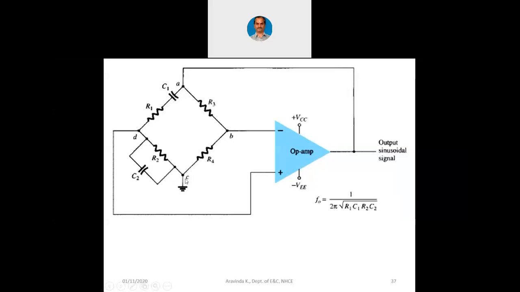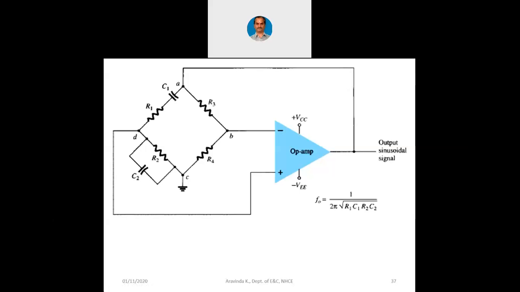Now, R4 is connected to ground. R3 is connected back to the output. That means this R3 is the feedback resistor RF and R4 is the other resistor I mentioned as RI, and you have the lead lag circuit here. Basically this is a bridge circuit only. That is why it is called a Wien bridge oscillator.